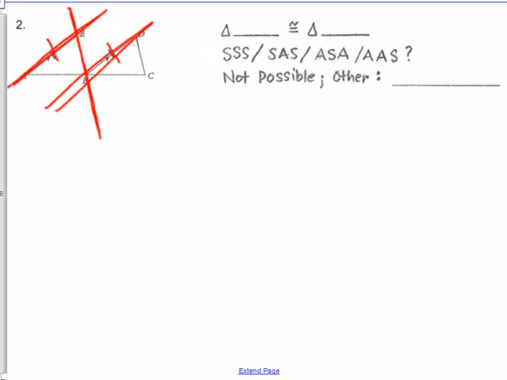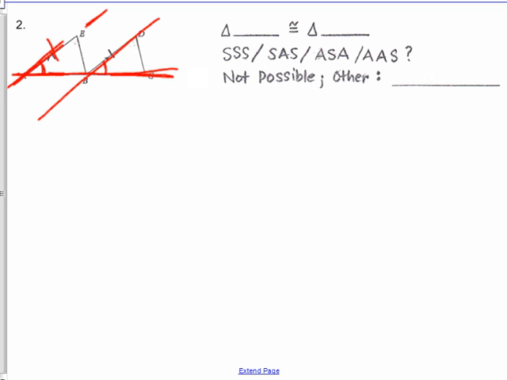Well, that's not going to help us out. What about this transversal? Well, that'll give us this, but it doesn't give us enough to figure out that these triangles are congruent.